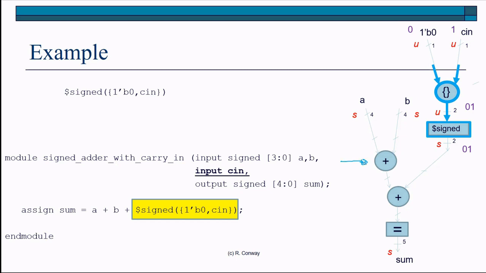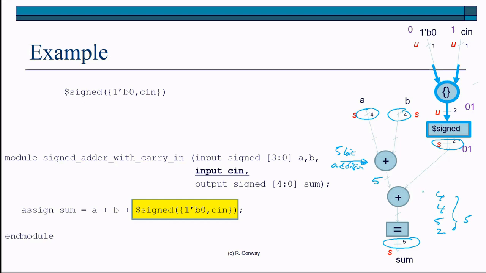Taking our first addition, it's context determined. It depends on a, b, sum, and the output of the signed function. We've got the following sizes: 4, 4, 5, and 2. 5 is the largest, so the output of our addition is a 5-bit value. So we have a 5-bit addition.